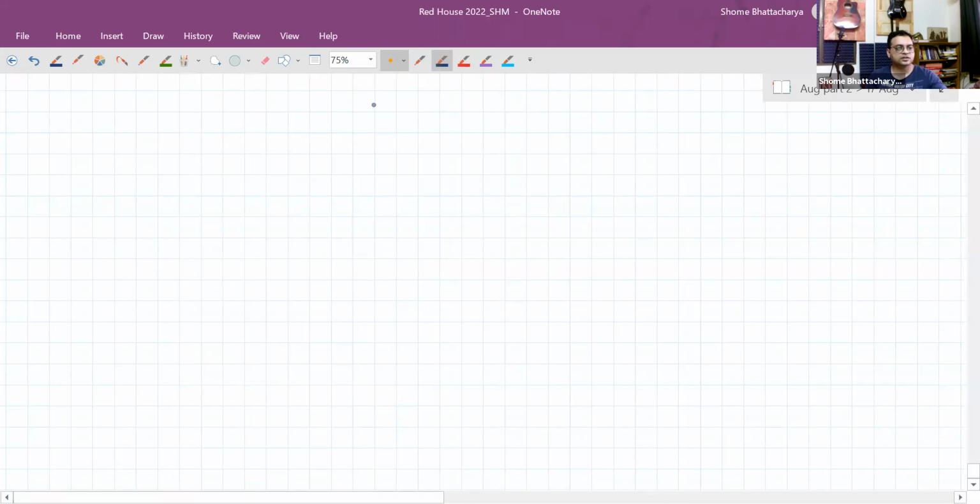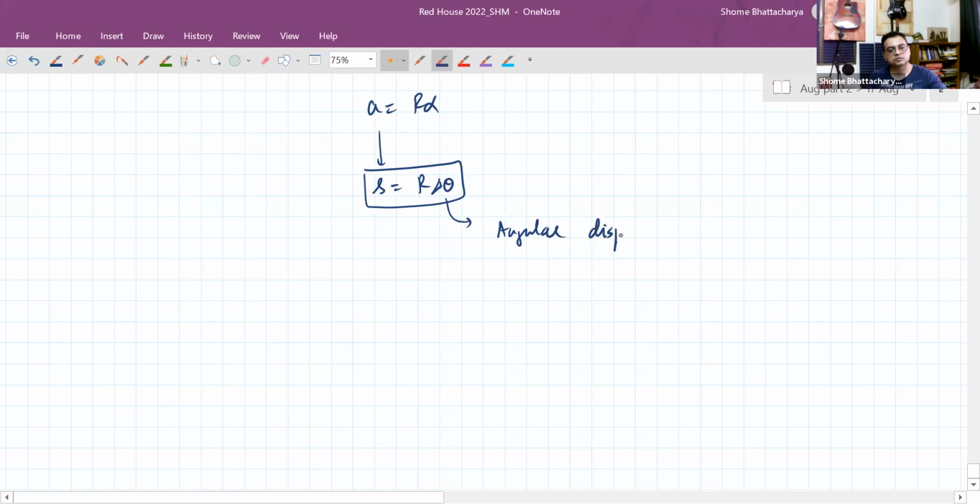Just like you have a is equal to R alpha. So like that, the linear displacement of the block is R times delta theta, the angular displacement of the pulley. So you'll see that delta theta is becoming proportional to cos omega t.